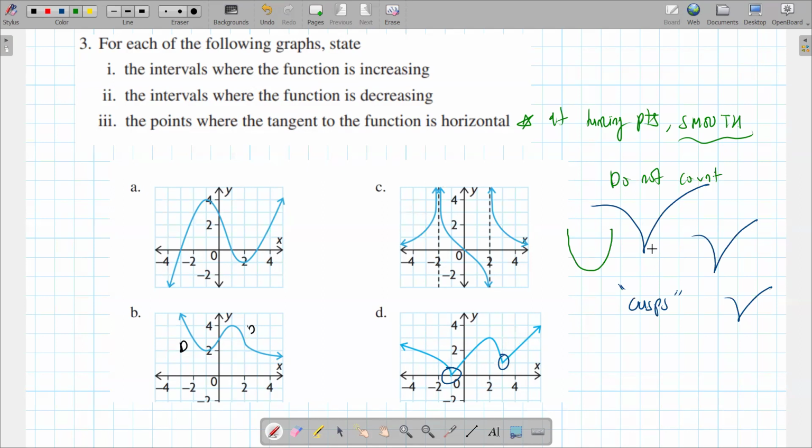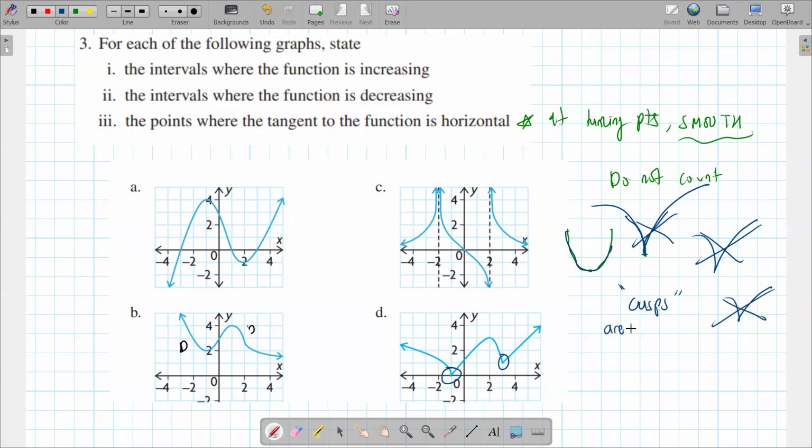The issue with cusps is that only one point is turning. It does have a vertex, just like this does. At that point, you have a point. Here, you also have a point. I guess what I'm trying to say is that the transition from this point to this curve is smooth, whereas for a cusp, the transition is pointy. These do not count as turning points.